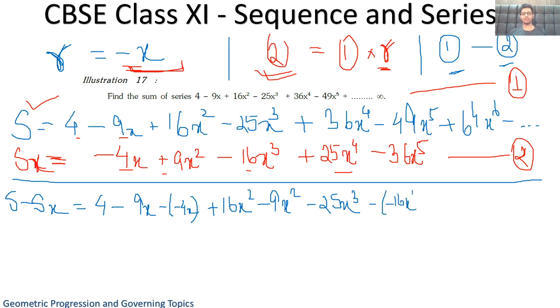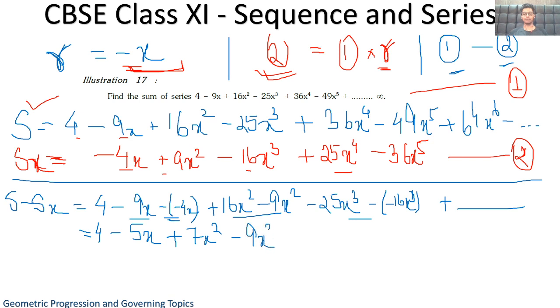So that's how the entire series comes into the picture. From here, 4 minus 9x minus of minus 4x would be positive, so it would be equal to minus 5x. Now 16x square minus 9x square would be nothing but 7x square, and then minus 25 minus of minus 16 is plus, so it would be equal to minus 9x cube.